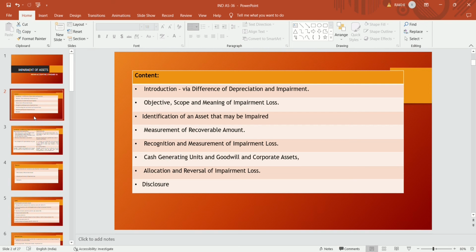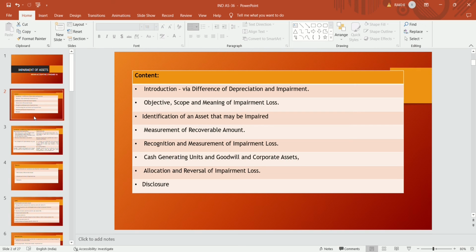What are the indicators to identify that there is an impairment? How will the management identify that there is an impairment? So the identification of an asset that may be impaired means there is some instance that indicates a decrease in the value of the asset.